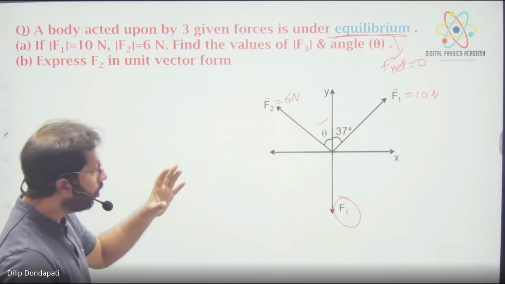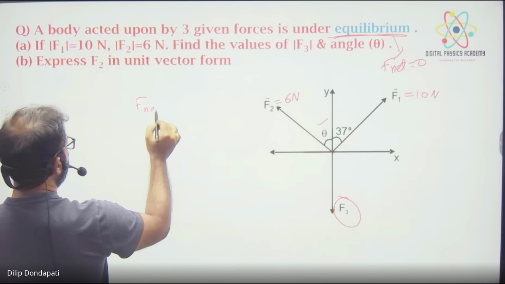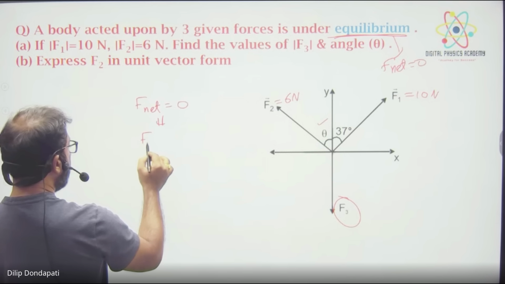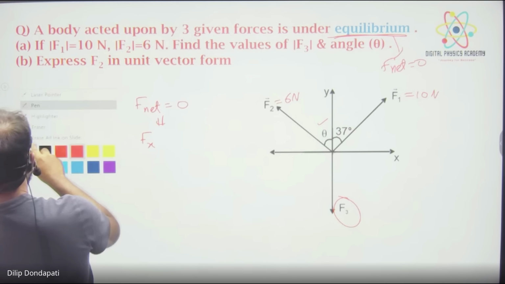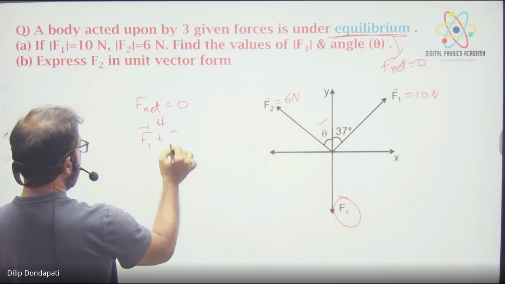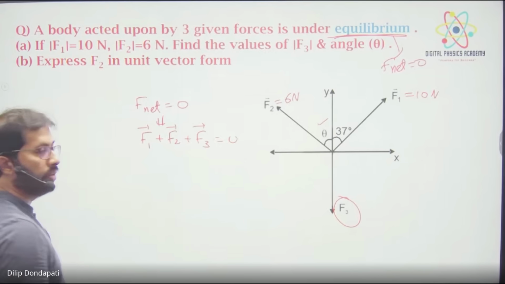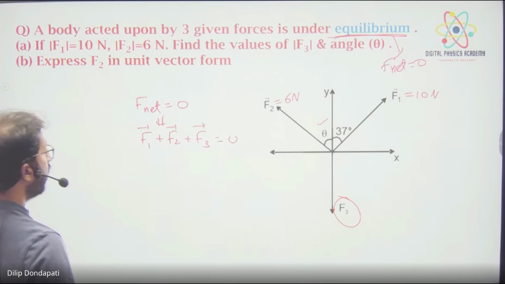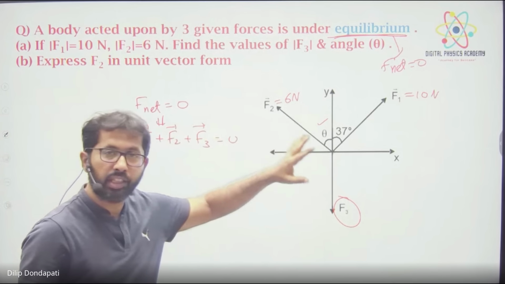Equilibrium means, I told you, net force is zero. That means the net force, the F1 vector plus F2 vector plus F3 vector, sum is zero. So the x direction force is zero and the y direction force is also zero.